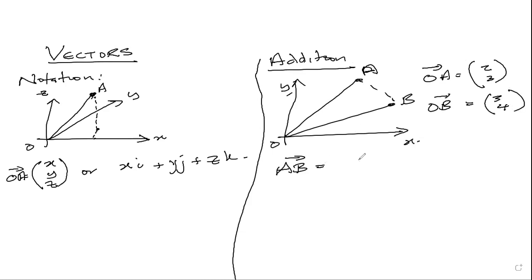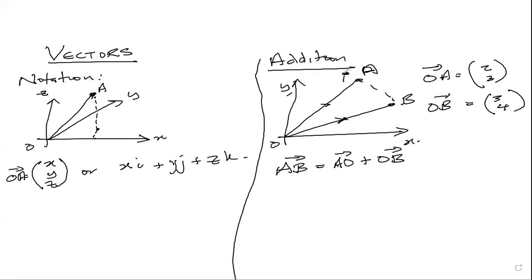And I want to get from A to B. What do I write? OB minus OA. OB minus OA. All right, let me just write it as AO, which is minus OA, plus OB.